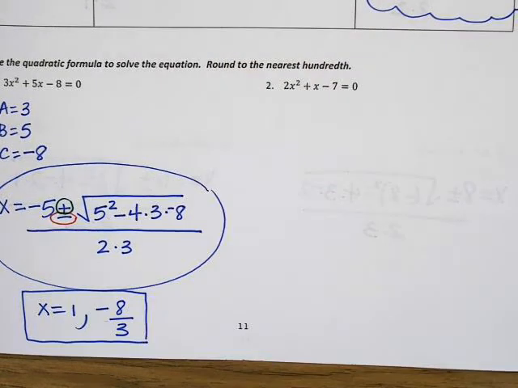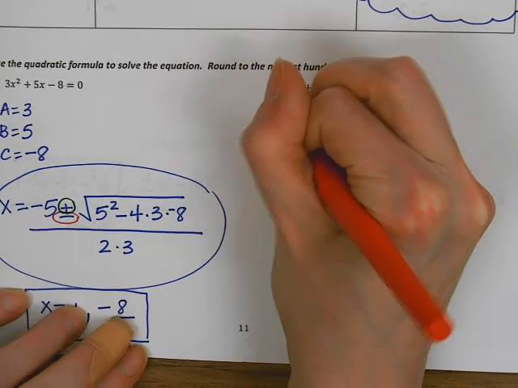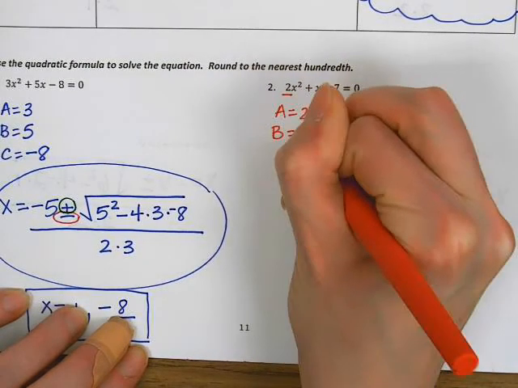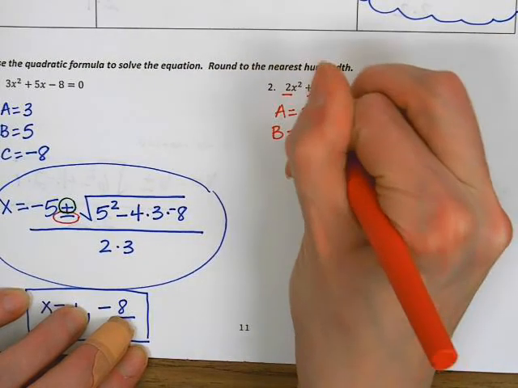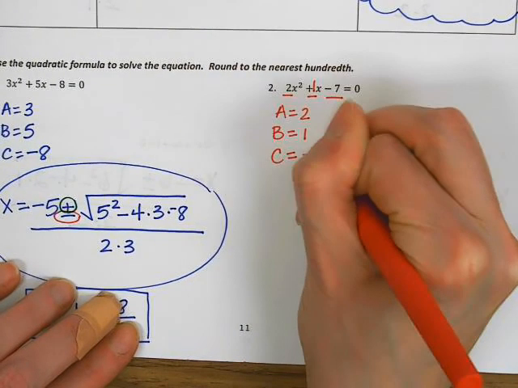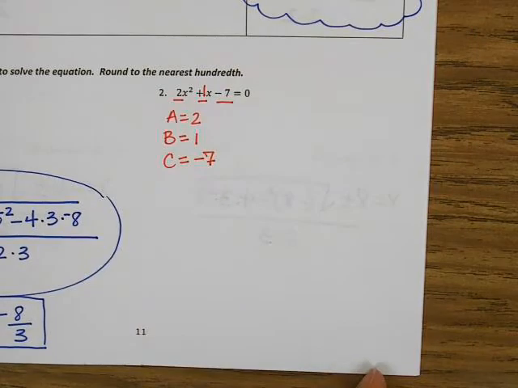Okay, let's try one more. Number 2. First, tell me what A, B, and C are. So for this one, A is 2, B is 1, because there's a secret 1 there, and C is negative 7. All right, let's plug it in.